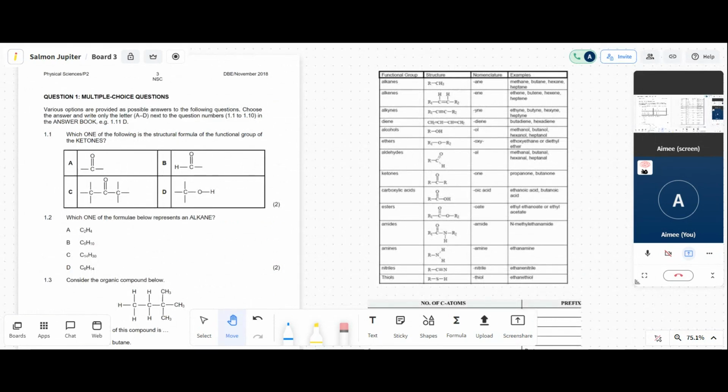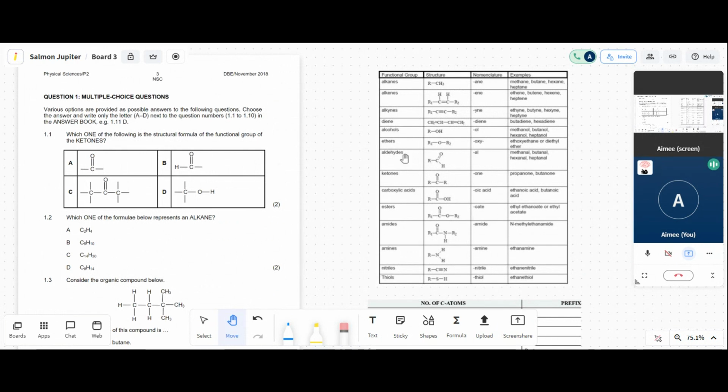You need to study the names of functional groups, the structures of the functional groups, how to name them, all those kinds of things. That information should be in textbooks, but that's the kind of stuff you need to know off by heart to answer these questions. This is not something that you can figure out during the exam. It is knowledge that you have to have before you walk into your exam.